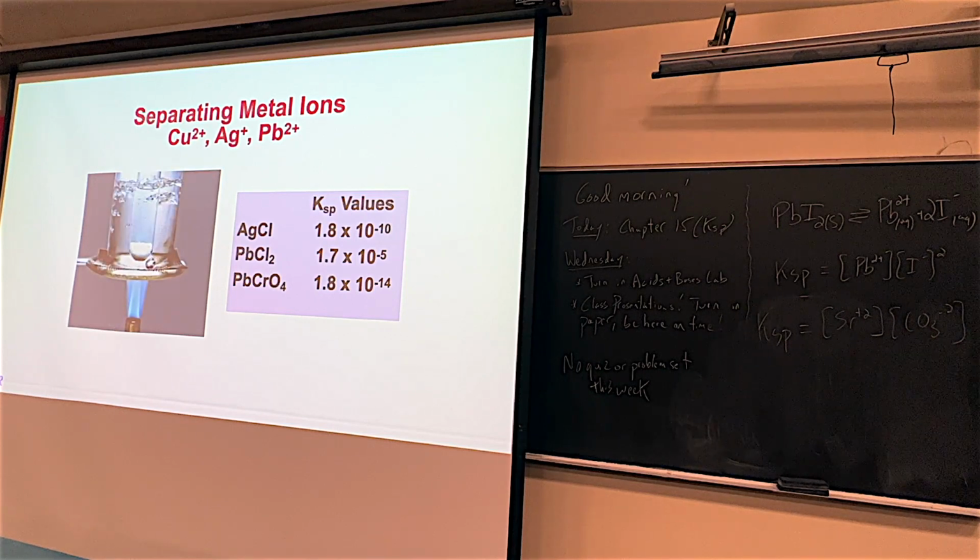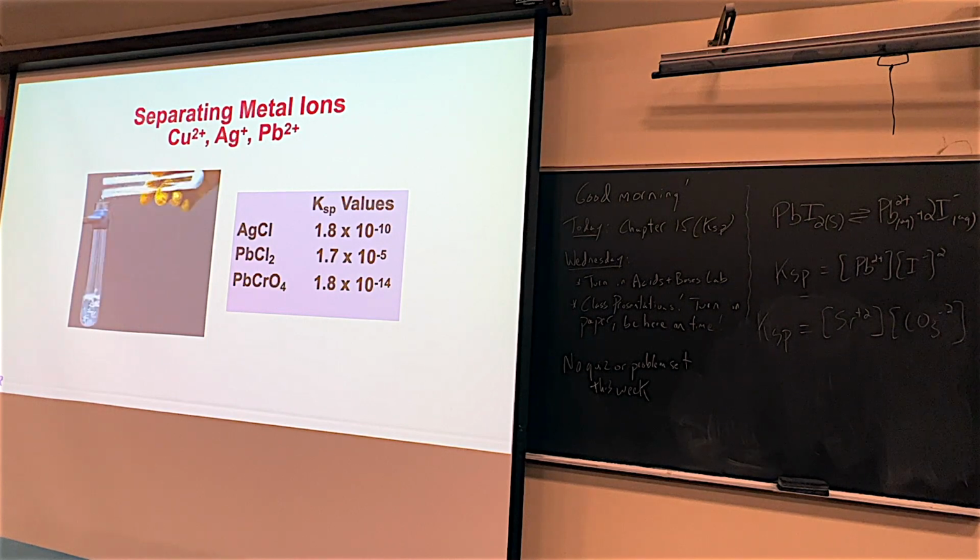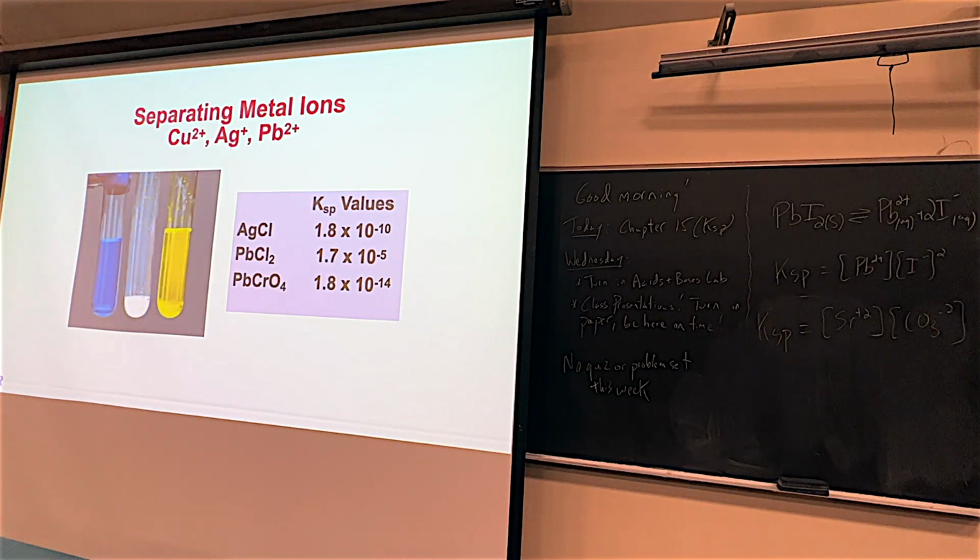Lead chloride is soluble in hot water and returns to solution. We again decant the solution in the test tube, leaving solid silver chloride. To demonstrate that the decanted solution contains lead ions, we can add chromate ions, which cause the precipitation of lead chromate. The characteristic yellow color of the precipitate confirms the presence of lead. We have separated the three ions in the original solution from each other.